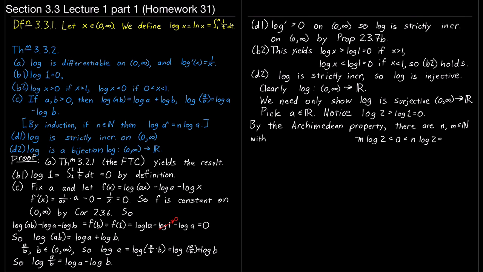And then n times the logarithm of 2, that's the logarithm of 2 to the n, which is the logarithm of a positive number, in fact, an integer. And then minus m times the logarithm of 2, we can write that as log 1 minus log 2 to the m, and so that's just the logarithm of 1 over 2 to the m.